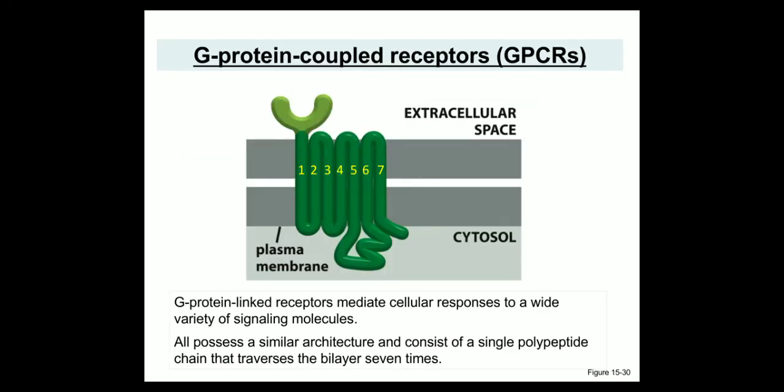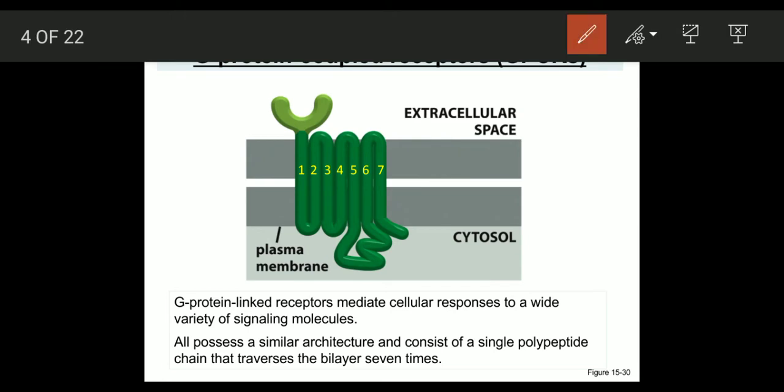So let's go on now. G protein coupled receptors. Now let's see what it actually is. G protein linked receptors mediate cellular responses to a wide variety of signaling molecules. G protein linked receptors are large in number if you compare them with other cellular receptors.